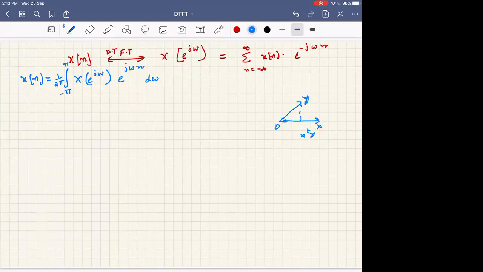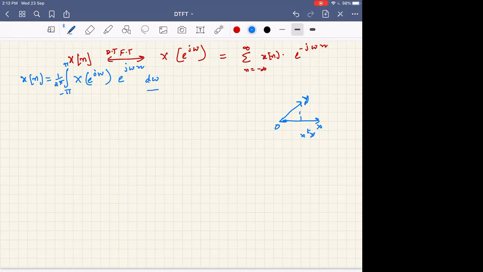This can also be looked at as the correlation of the frequency content with respect to a particular instant x of n, with varying frequency, because this correlation is now done in the frequency domain rather than in the time domain. So previously, this indicates in which domain the correlation or projection is done. Here it is done in the frequency domain.